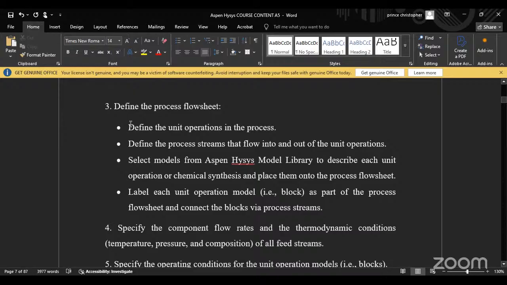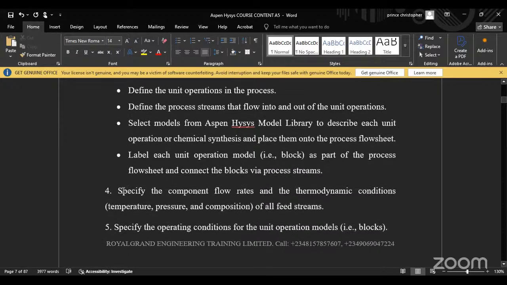While you are answering that, then define the process streams that flow in and out of each unit operation. Select the models from the Aspen Hysys library. We need to label each unit or each block.